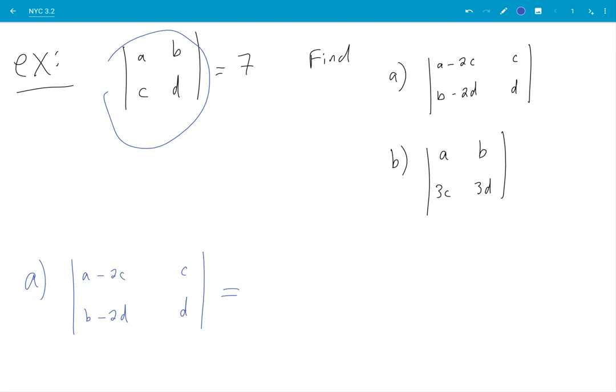What row operations? Well, what I'm going to do is I'm going to notice that I want this C to be down here, right? So I will transpose the matrix.